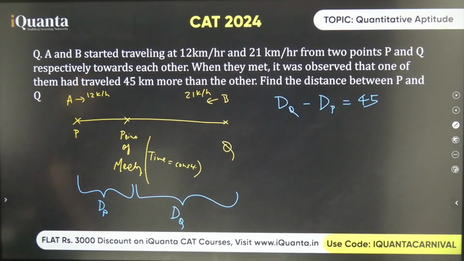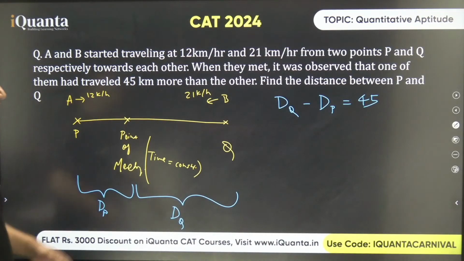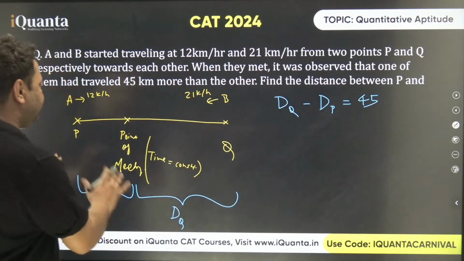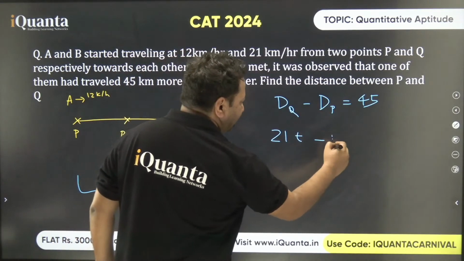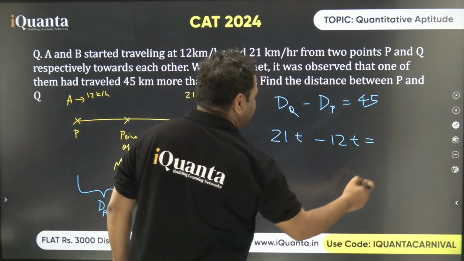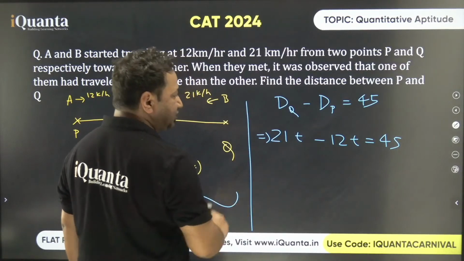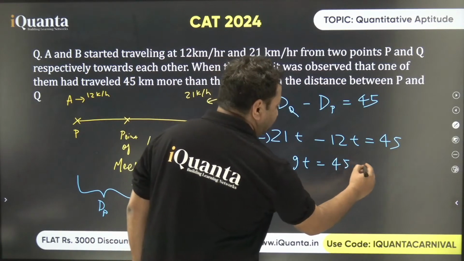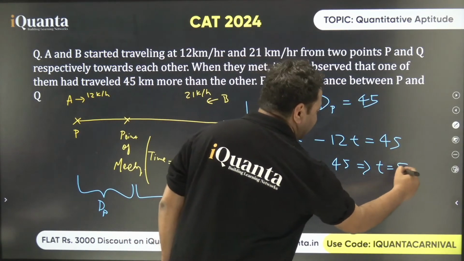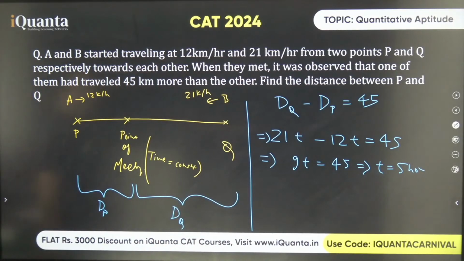That's right. And let the time that they have taken to reach the point of meeting be t. So the value of dq will be 21 times t and dp will be 12 times t. This is equal to 45. 21 minus 12 is how much? 9. So 9t is equal to 45. That further means that time was 5 hours. They took 5 hours to reach this point of intersection. Total distance कितना हो जाएगा?